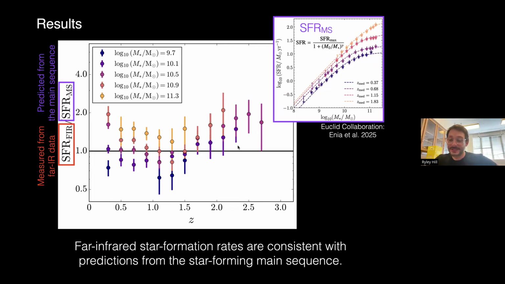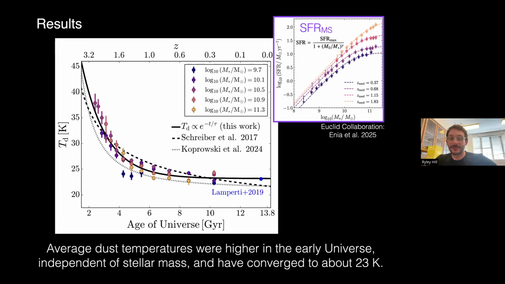So really the interesting thing, though, is we want to know what's going on with the dust temperature. So here's a plot of the dust temperature. This is the average temperature of dust grains in galaxies as a function of redshift, or here I plotted it as a function of the age of the universe. And so first you'll see that, yes, galaxies at higher redshift do indeed have, on average, hotter dust grains. So that is the answer to the dust mystery.